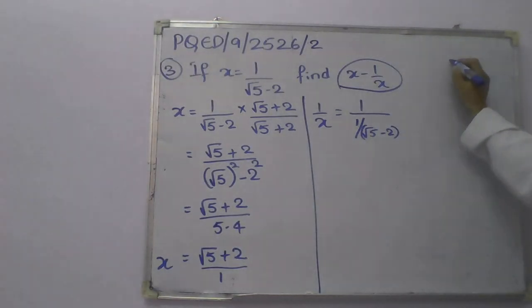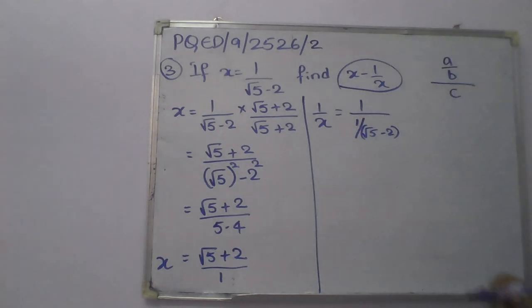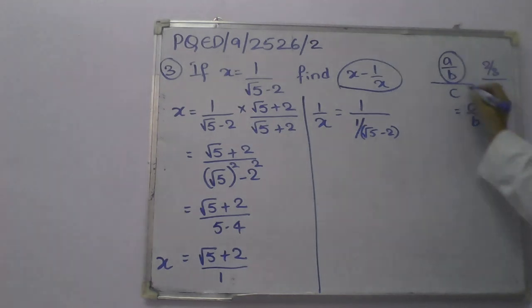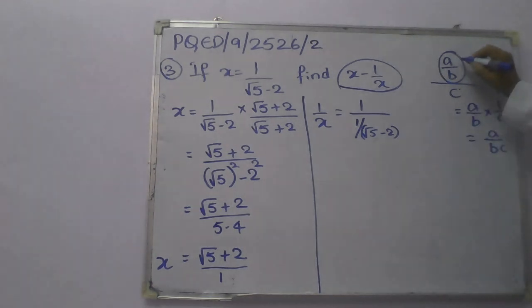If you have a fraction in the numerator, for example, 2 divided by 3 by 4, the fraction in the numerator will be written as it is, and it is multiplied by 1 by c. That means a by bc. Understood? So when you have a fraction in the numerator, this will be the calculation, a by bc.